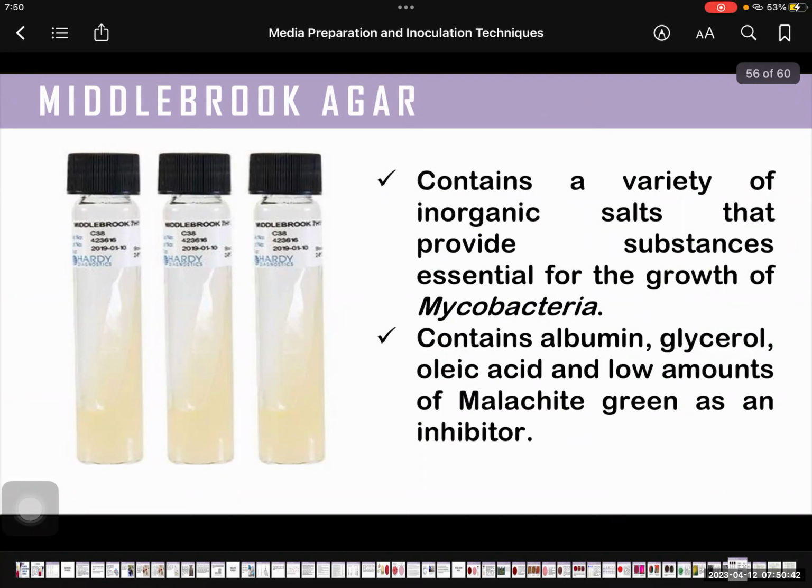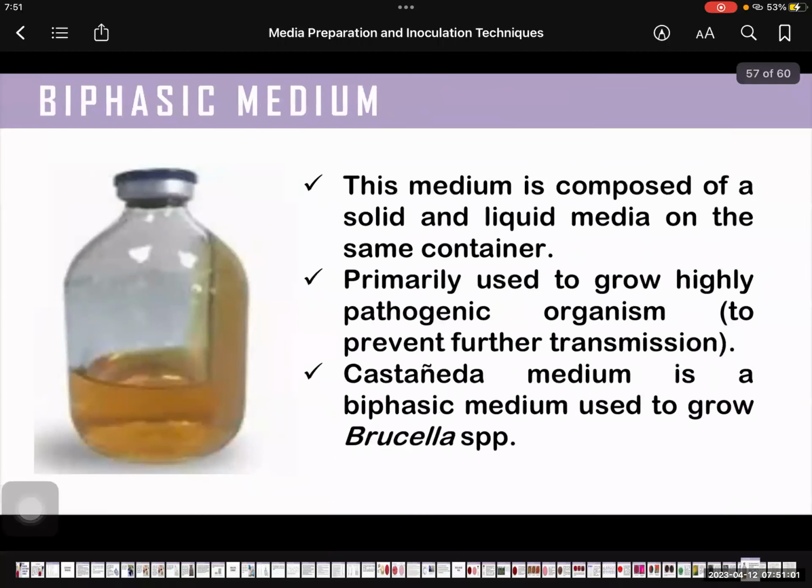And this is illustrated through the Middlebrook agar. So it also contains a variety of supplements that will further promote the growth of Mycobacterium. So it contains albumin, glycerol, oleic acid, and low amounts of malachite green as an inhibitor.